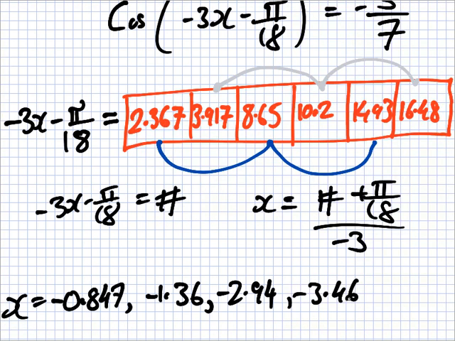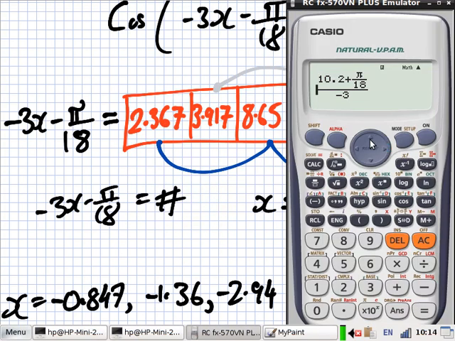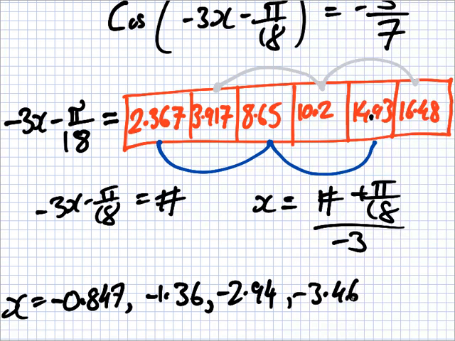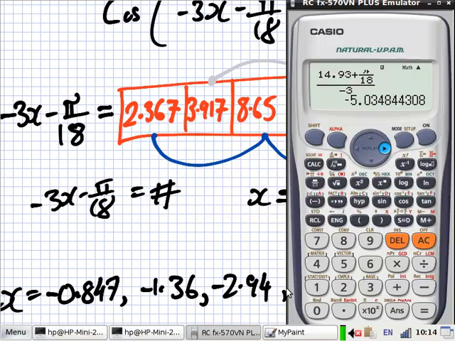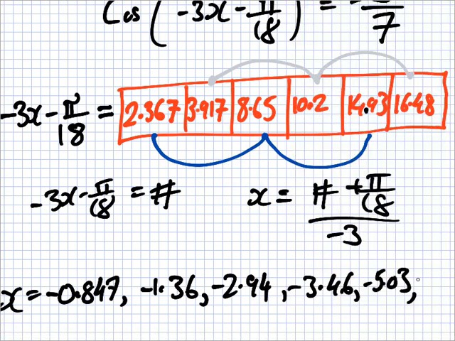What number did I write here? 14.93. 14.93 minus 5.03. And then lastly, 16.48 minus 5.55.